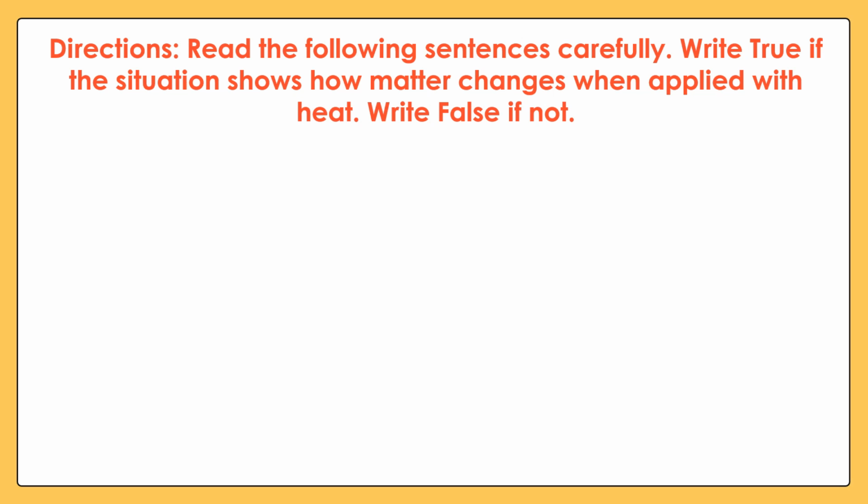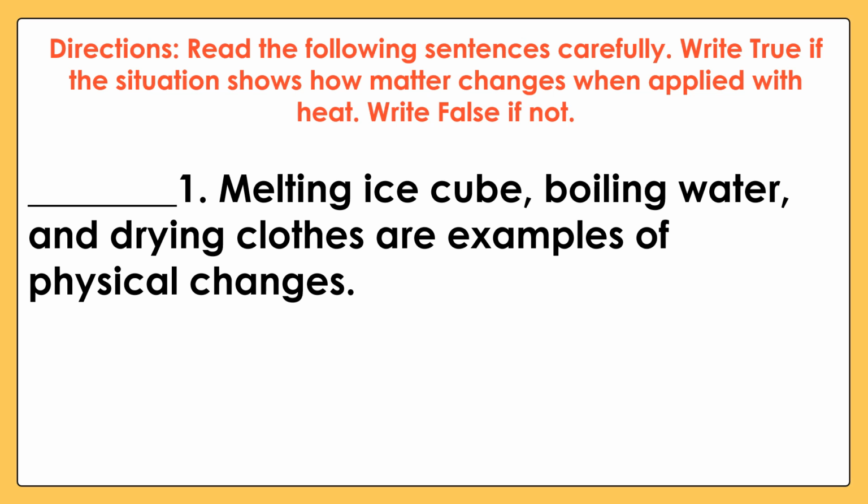This time, let's go with another activity. Directions: read the following sentences carefully. Write true if the situation shows how matter changes when applied with heat. Write false if not. Number 1.